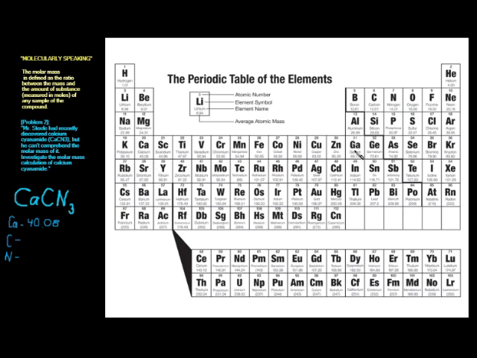And now for carbon here, this one is 12.01. I need to line up my decimals here. 12.01. Okay. And for nitrogen, of course, we have 3 of those, in which shock and awe.